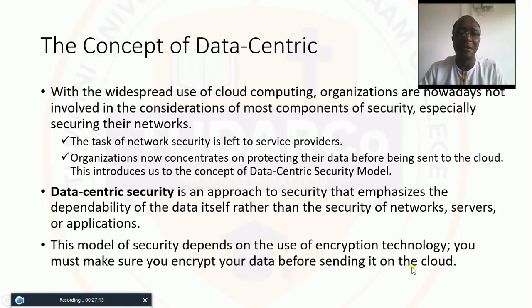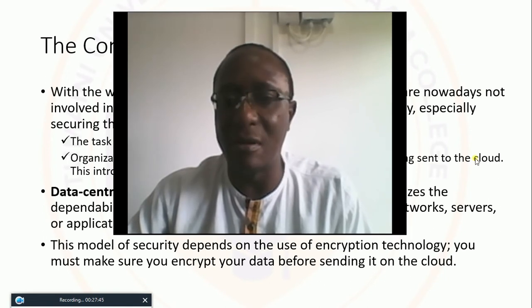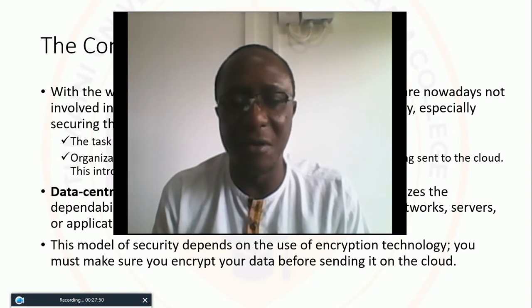Now, data-centric is an approach to security that emphasizes the dependability of the data itself rather than the security of the network, servers or application. In this concept, you have to make sure you secure your data before taking it to the cloud. Okay, when you are using Google Drive, for example, to store your data, make sure before taking it to Google Drive, you encrypt it on your computer.